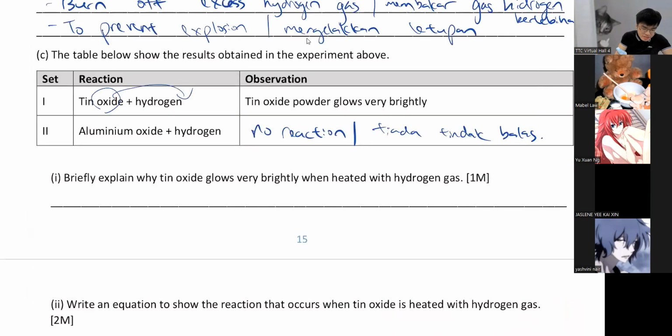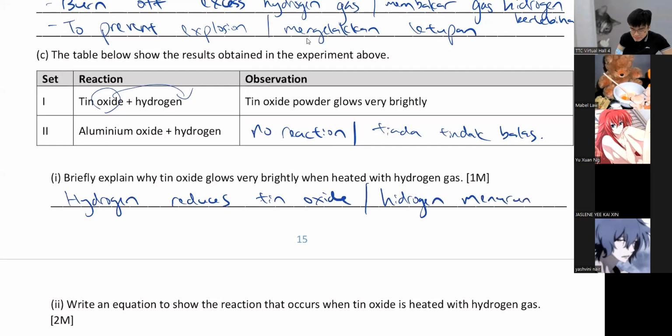So in this case, you say because hydrogen reduces tin oxide. Please don't say take tin's wife away, because your teacher will go, huh? So hydrogen menurunkan tin oksida. The process is called reduction. So reduce.